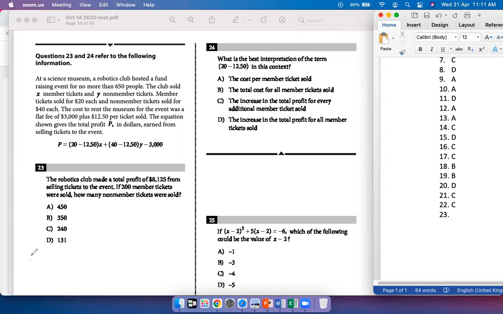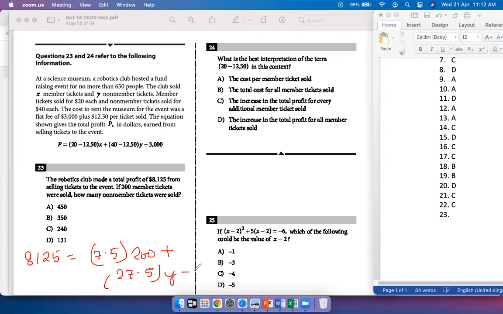Okay. So 8125 is equal to 20 minus 12.5, so that's 7.5 times X. X is member tickets, so that's 200, plus 40 minus 12.5, so that's 27.5 times Y, which we have to find, minus 3000.